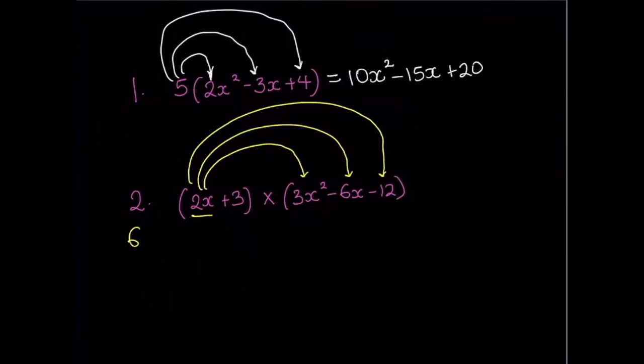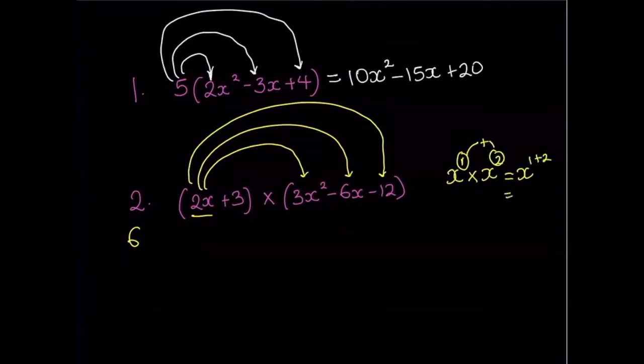So why? When you have something like x multiplying another x, you have to make sure you're adding the exponents. So if you have x multiplied by x squared, this is x to the 1, it's going to be x, this plus this, okay? So 1 plus 2, which will be x to the 3.